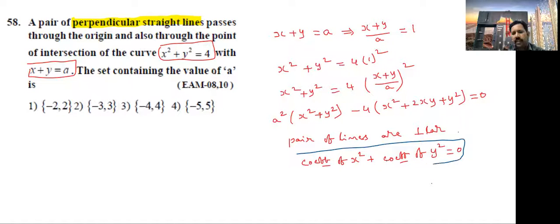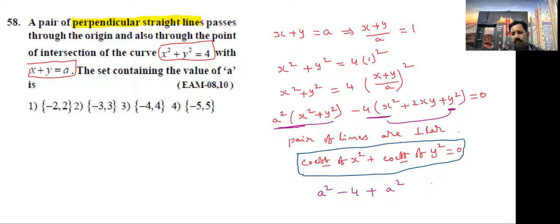Now observe that the x square coefficient is a square minus 4, plus the y square coefficient is a square minus 4 after multiplication, that is equal to 0.